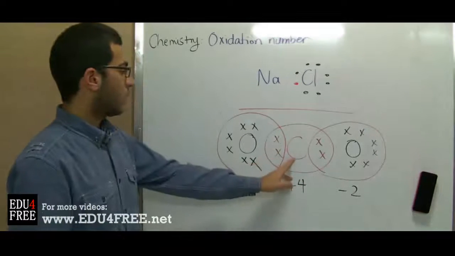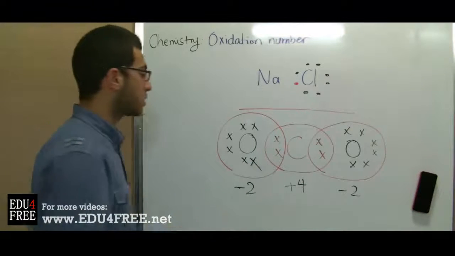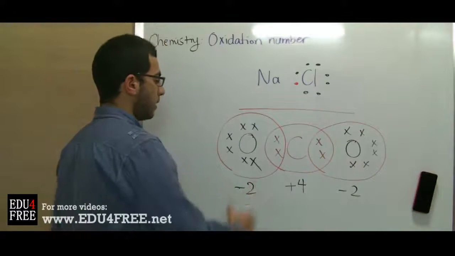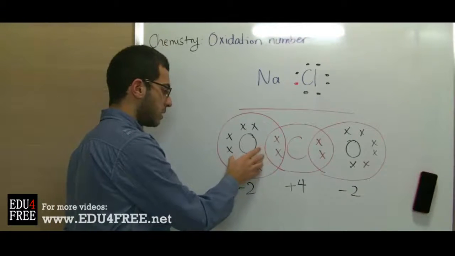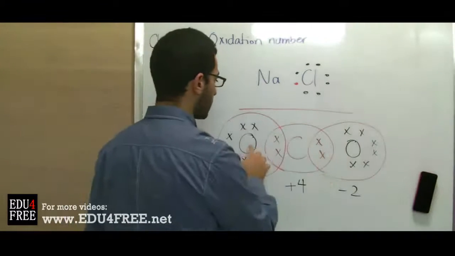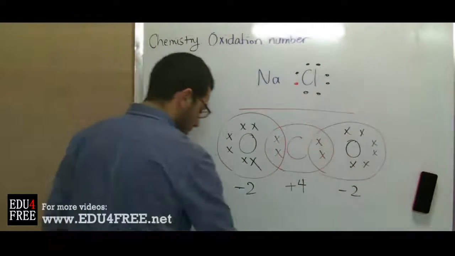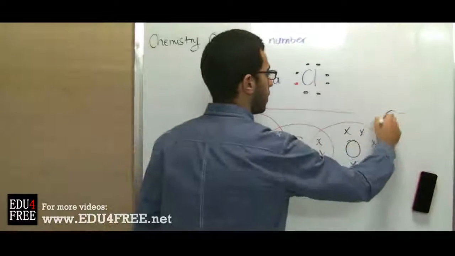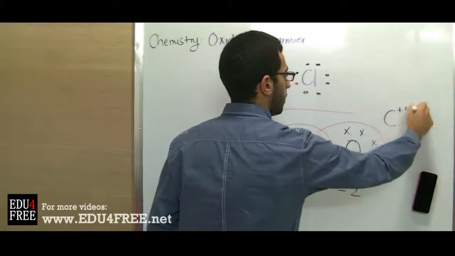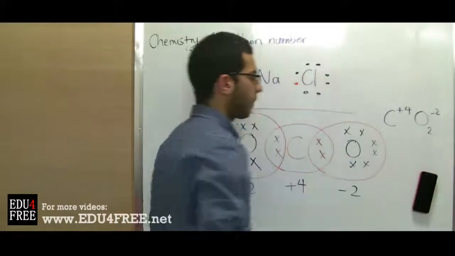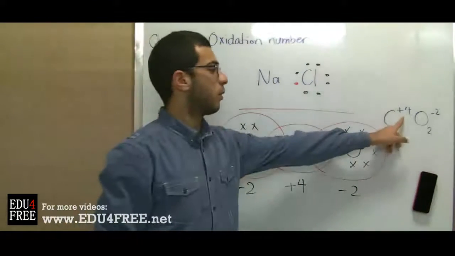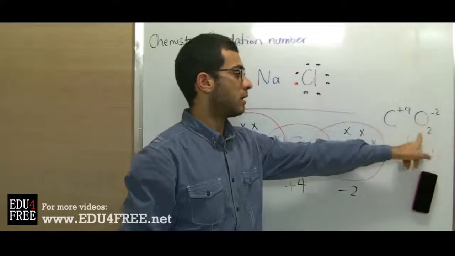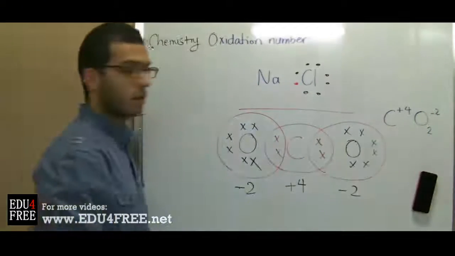So, because carbon used the 4 electrons in the outermost energy level to fill the outermost energy levels of both oxygen atoms, we can write it this way. So plus 4 is the oxidation number for carbon, negative 2 is the oxidation number for oxygen.